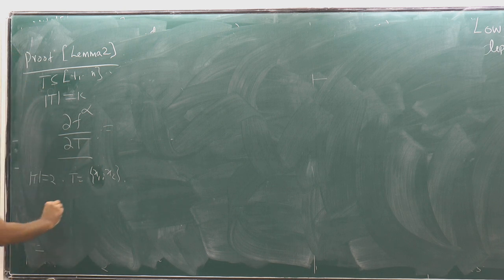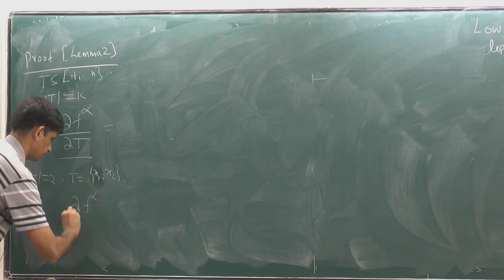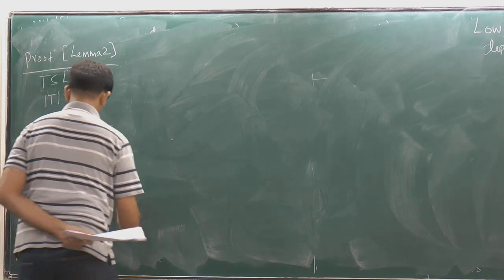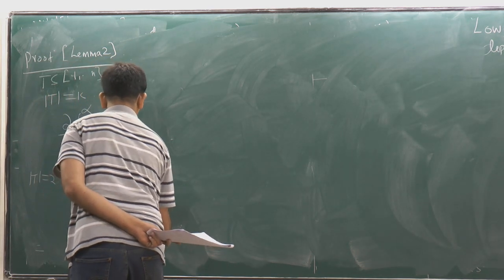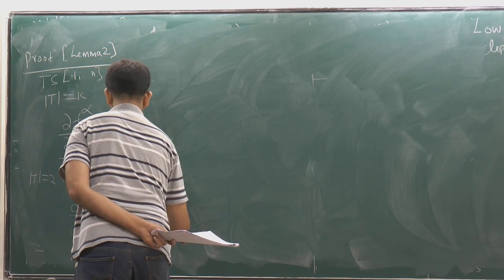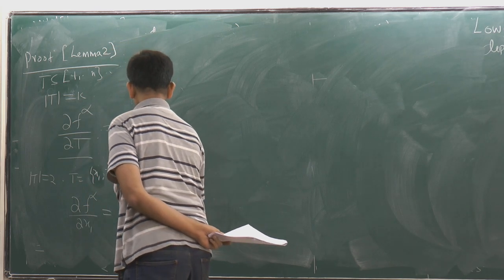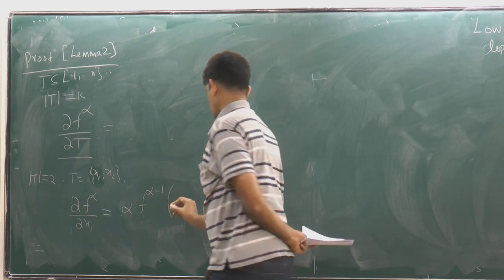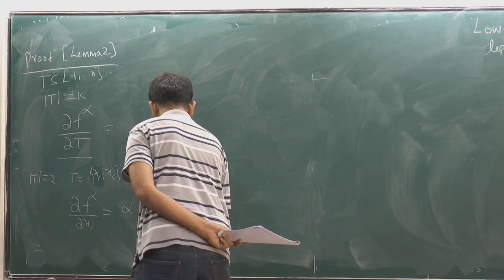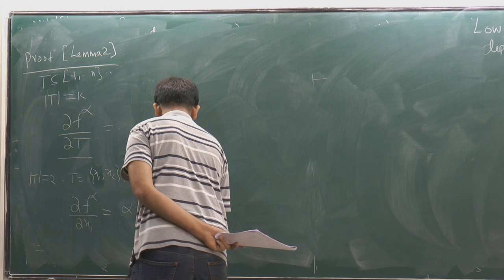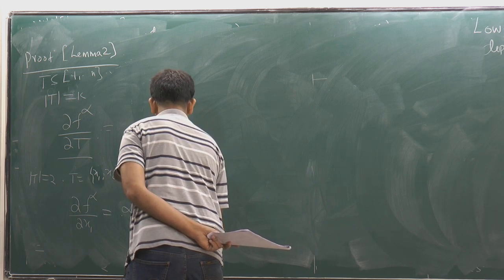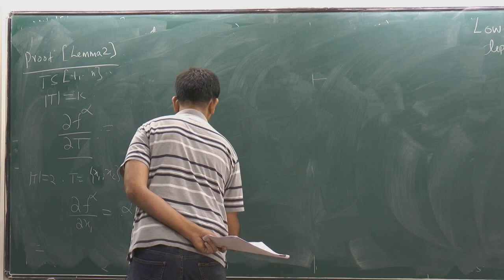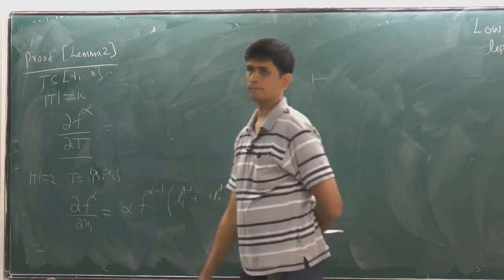So the first order derivative of f to the alpha with respect to x1 would be alpha times f to the alpha minus 1 times the derivative of it, which looks like, modulo the constant terms, L1 to the d minus 1 plus etc. Ln to the d minus 1. Okay.